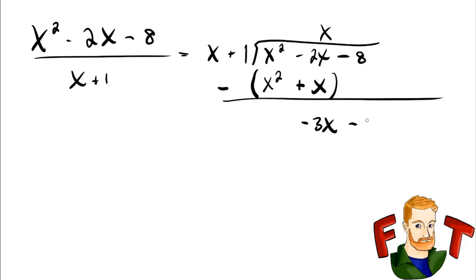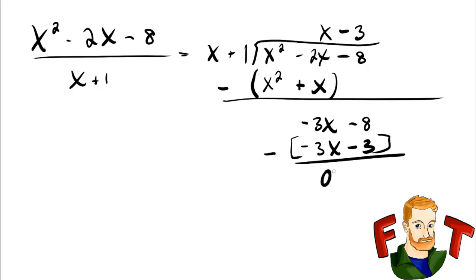Drop the 8. Now, x goes in negative 3 times. Negative 3 times that is, that's 0. So 8 minus negative 3 is plus 3. So that is minus 5, which is the remainder.